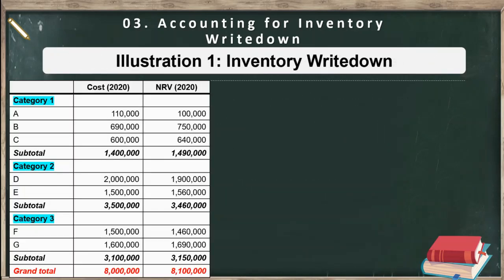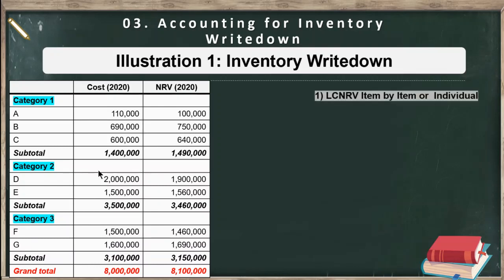So we have the first example for the inventory write-down. It's the same as the information found in your books. This is on December 31, 2020. We have the column for the cost and the column for the net realizable value, and we have the categories of our inventories: category 1, category 2, and category 3.